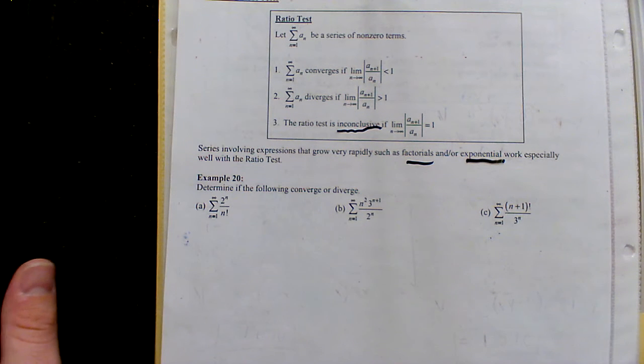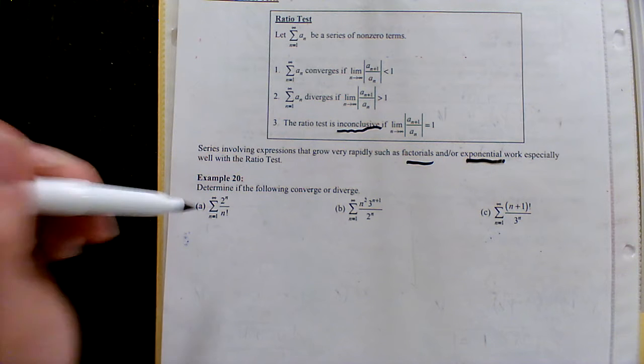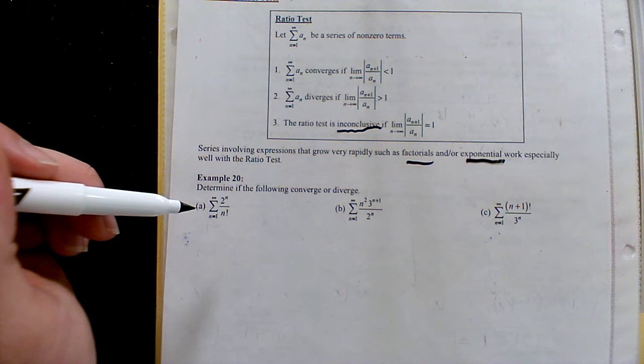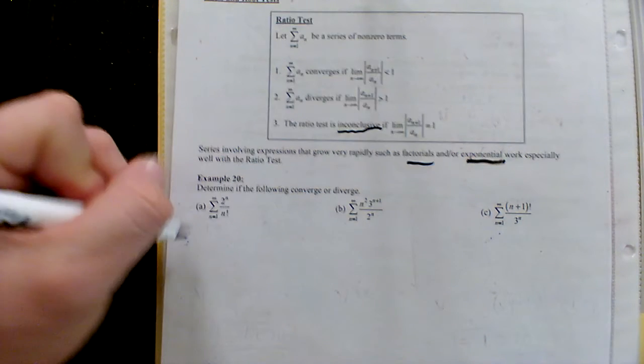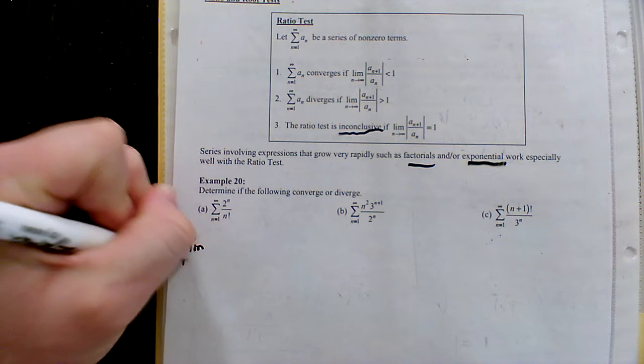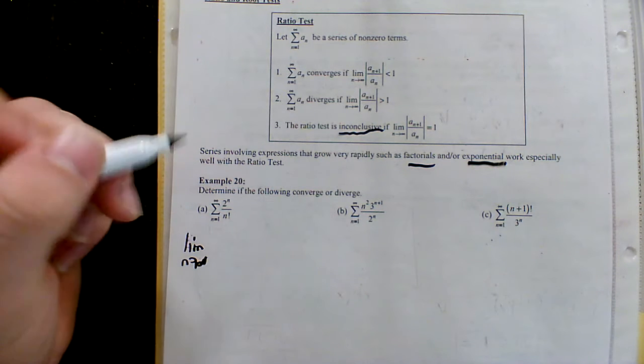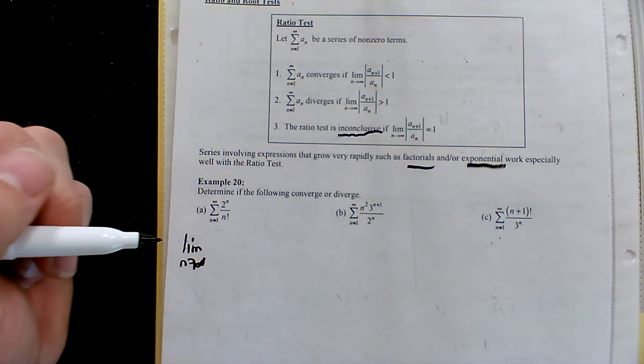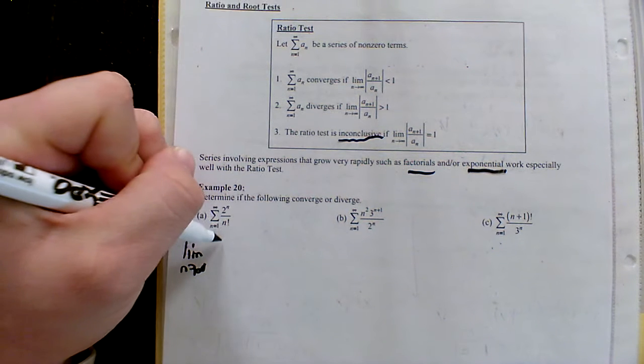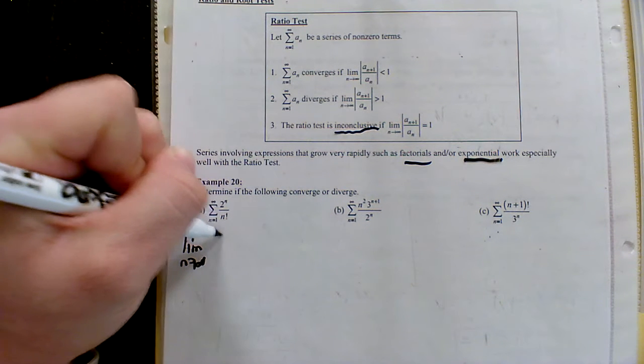So what is the a_(n+1) term? What's it going to look like? Everywhere there's an n, you put an n plus 1.